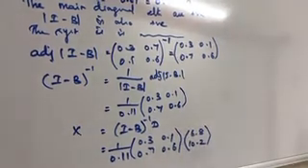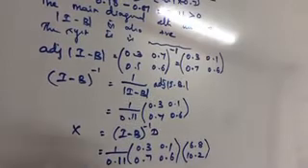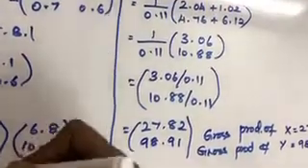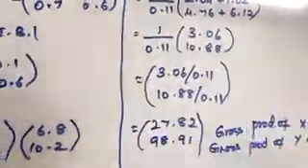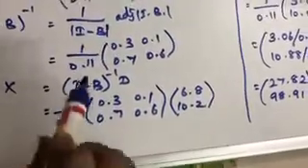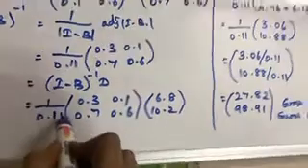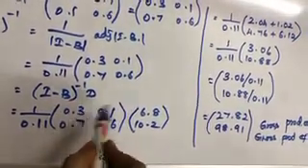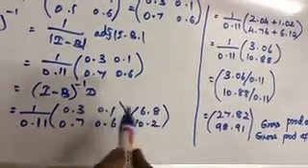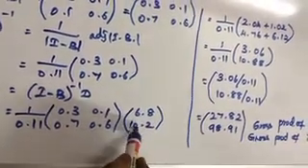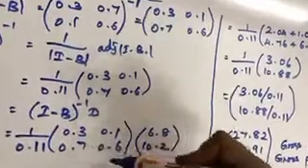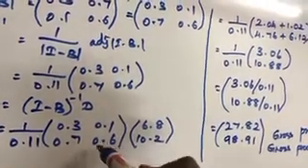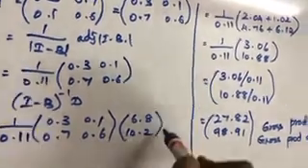Okay, so shall we multiply the two matrices? While multiplying the two matrices, you get 1 divided by 0.11 into 0.3 into 6.8 plus 0.1 into 10.2. Similarly, 0.7 into 6.8 plus 0.6 into 10.2.